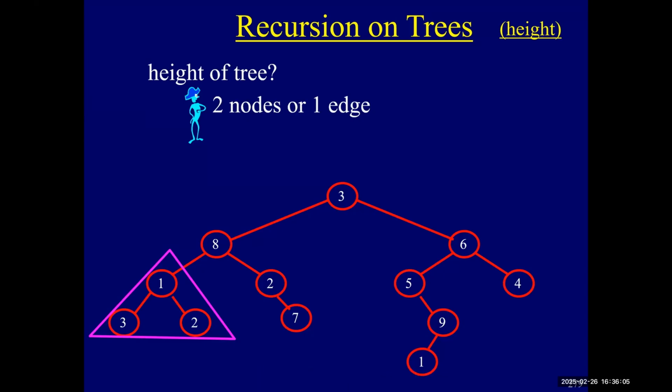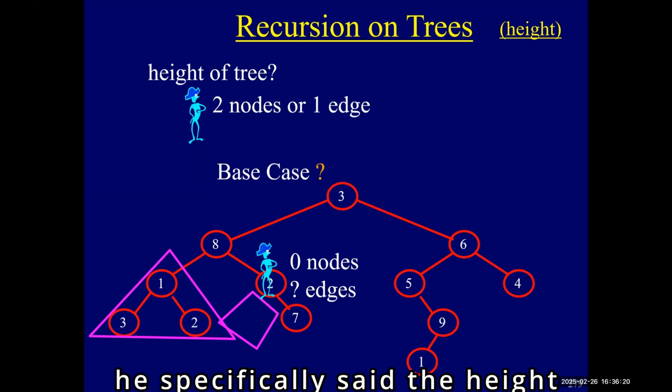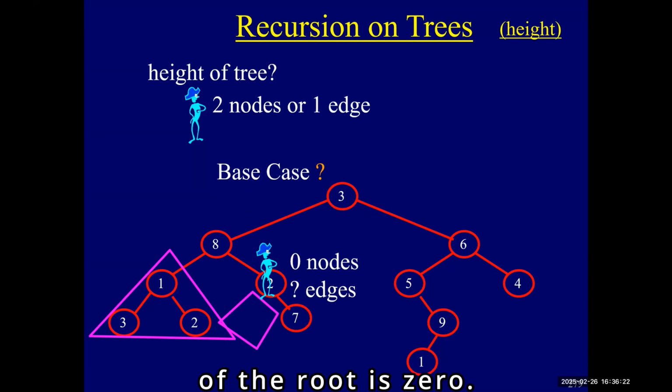That's, in fact, why Jackie knew that this was an issue, and why in his version he specifically said the height of the root is 0. So we have an example that we can work from.